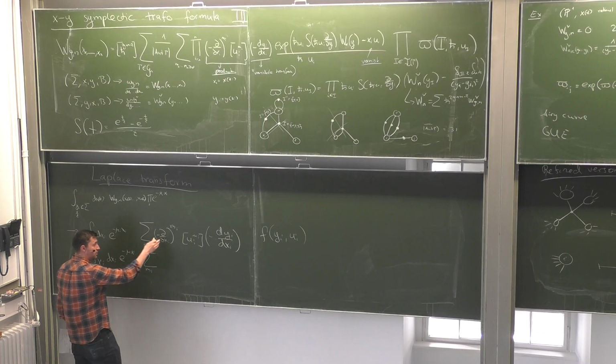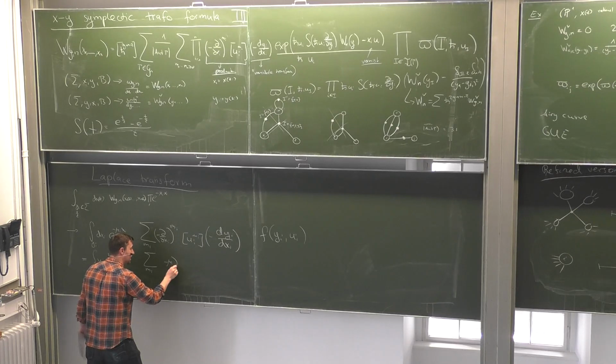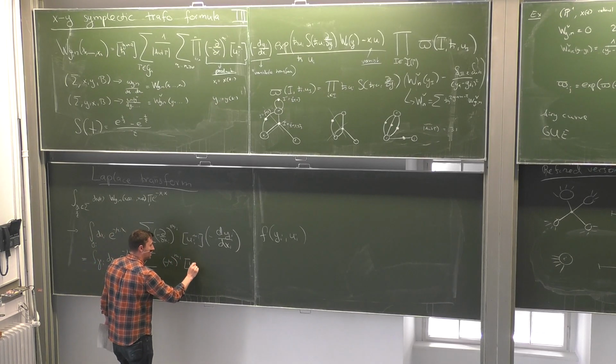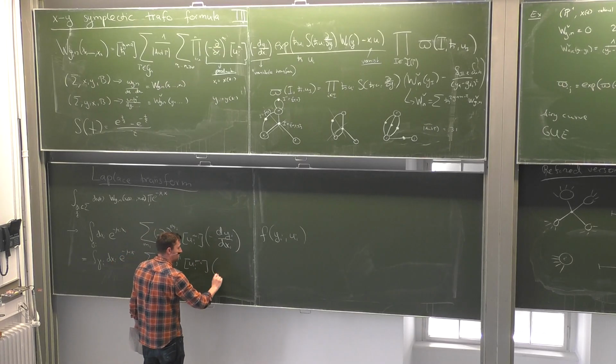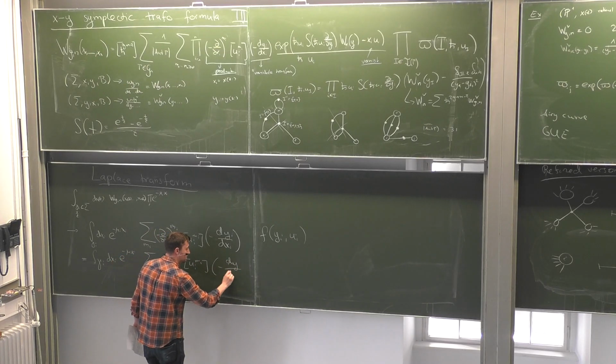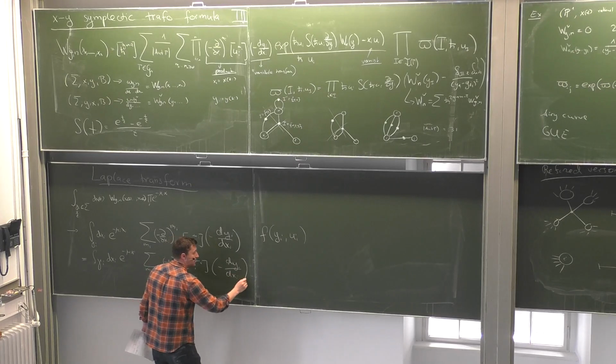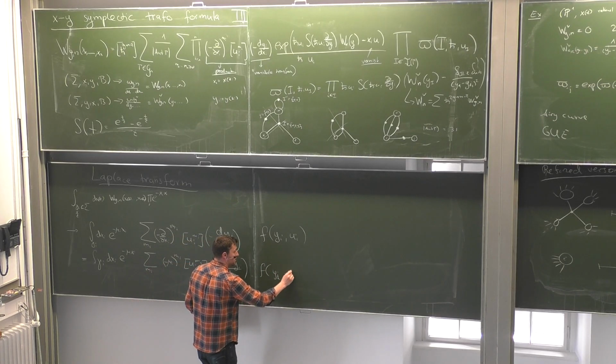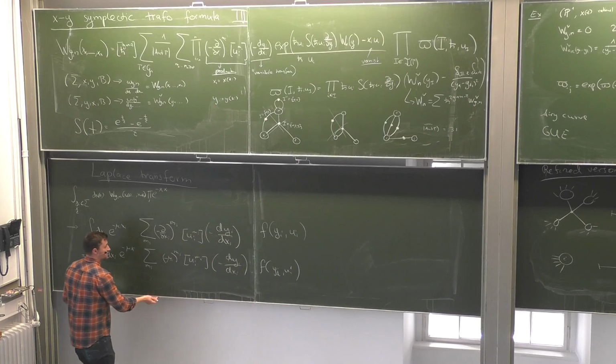Instead of the derivative, we get each time a factor minus mu_i to the m_i, of u_i m_i. This factor is still there, and this as well. Okay, this was the first step.